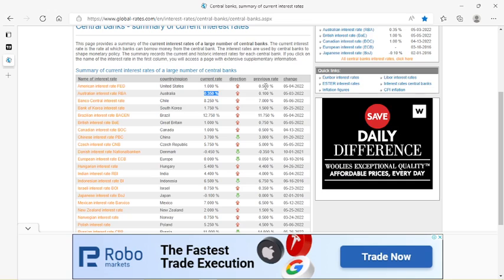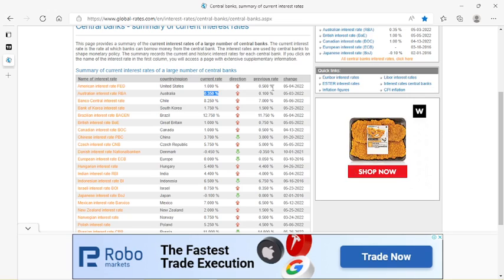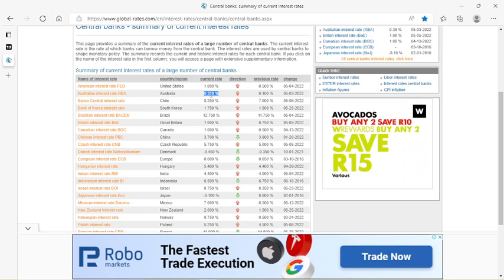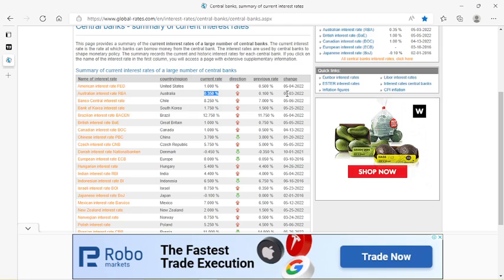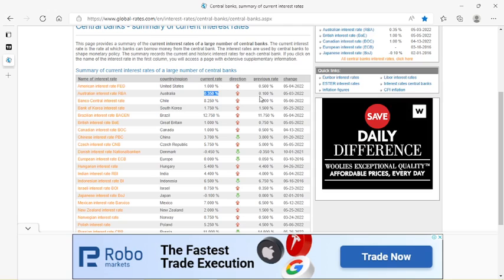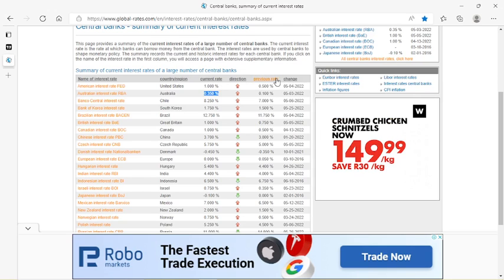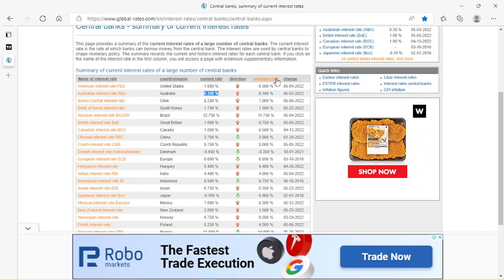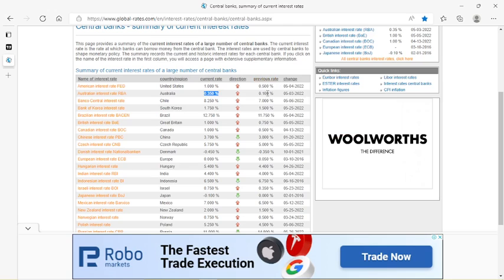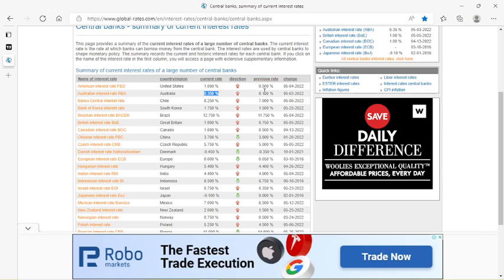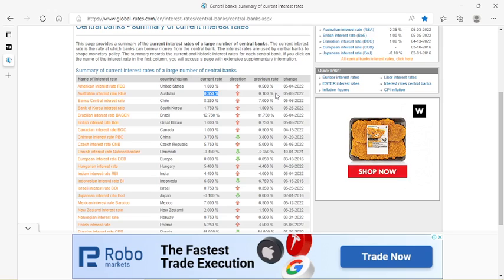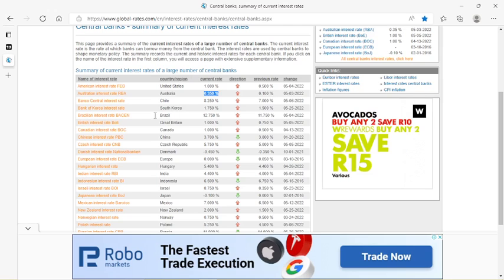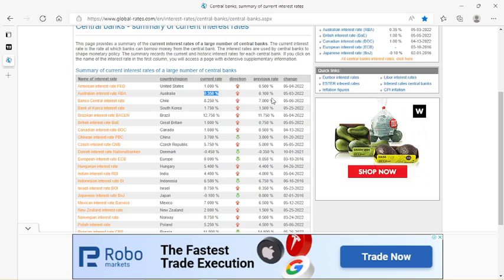These previous rates were before these specific dates, before even February. So as you can see, the American dollar was leading against the Australian dollar.